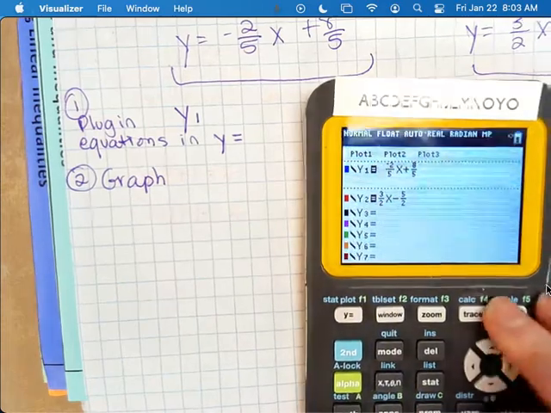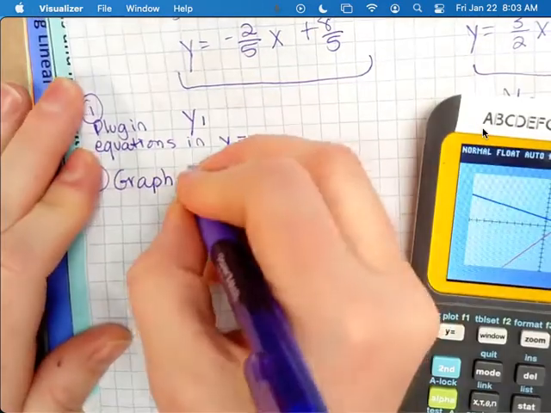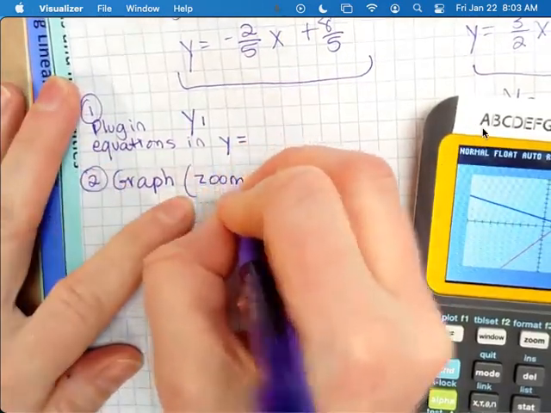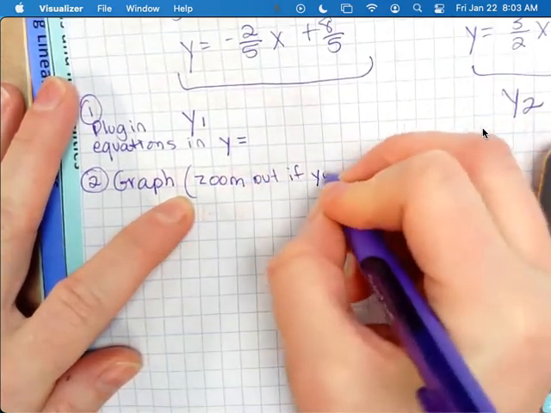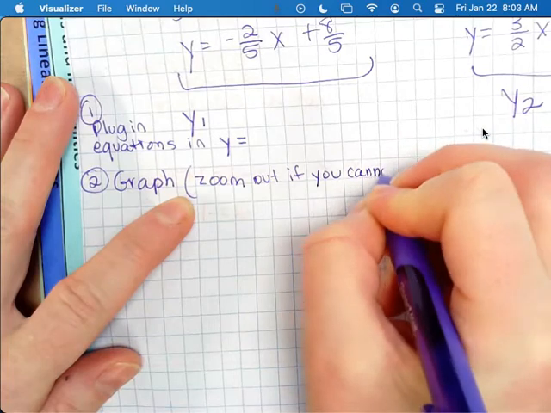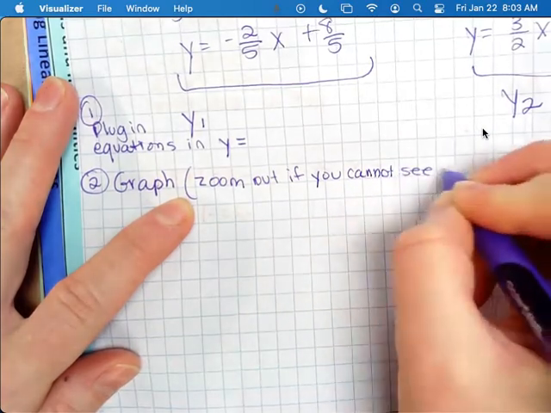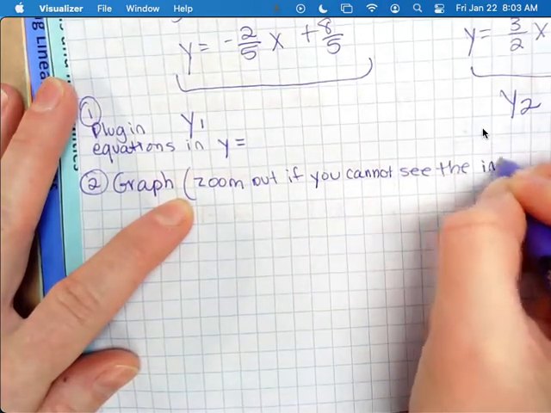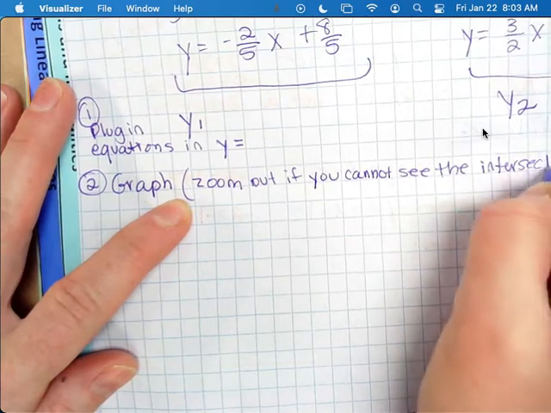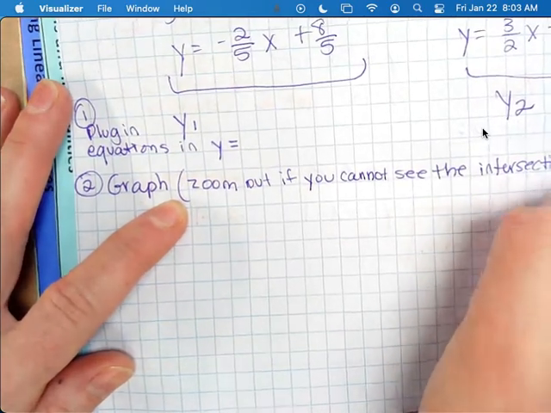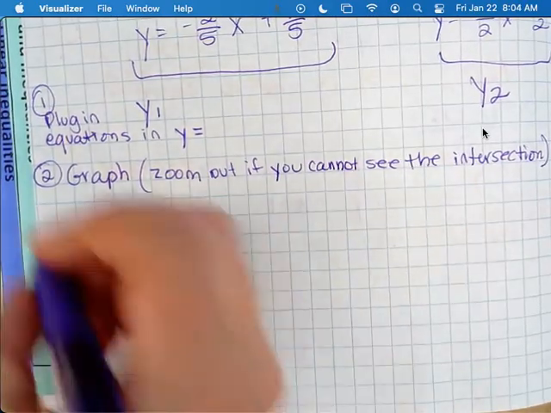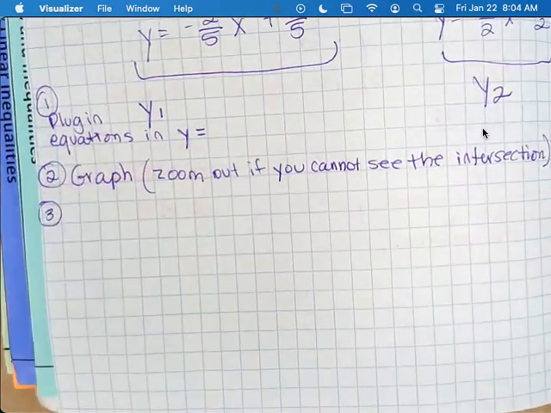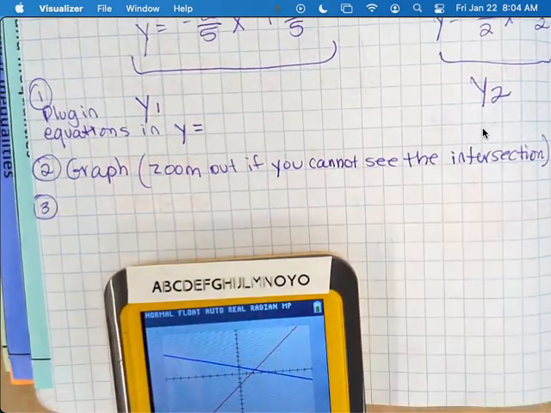That corresponds to the second one. Okay, zoom out if you can't see the intersection. If you can see the intersection, then you're good to go for step 3. So this is just important in case you cannot see that intersection.